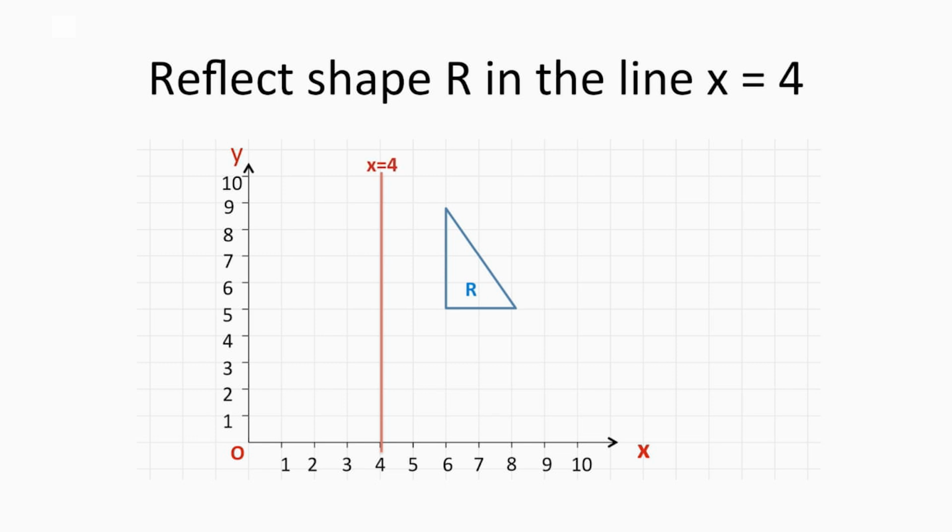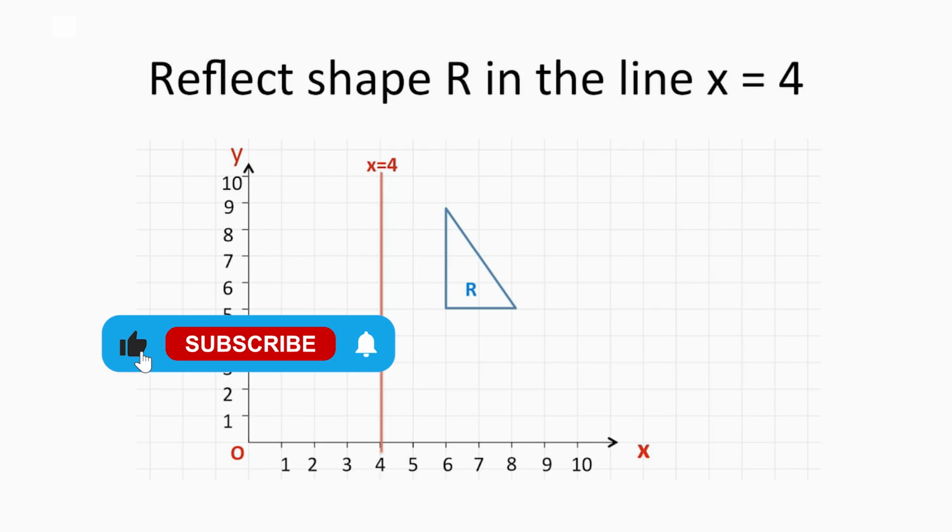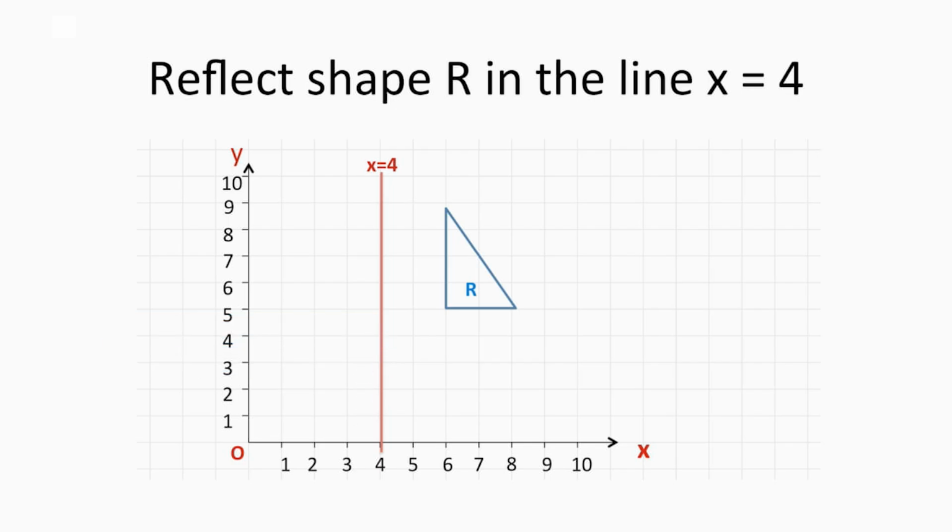So when it comes to doing a reflection, use the mirror line and where the original shape is to work out where our reflection is going to go. And the best way to do that is to look at the corners of the shapes and see how far they are away from the mirror line, and then make sure they're the same distance away in the reflection. So if we look at this first corner here, you see it's 2 squares away from the mirror line.